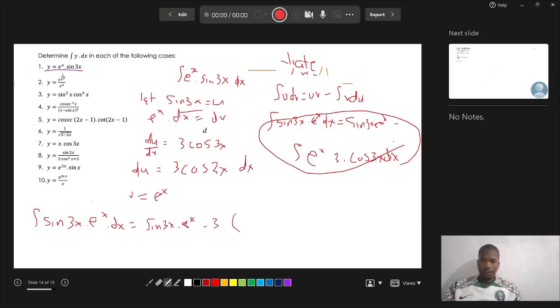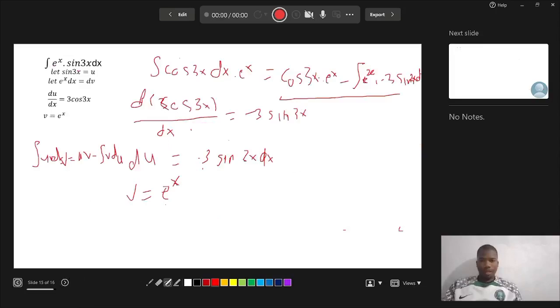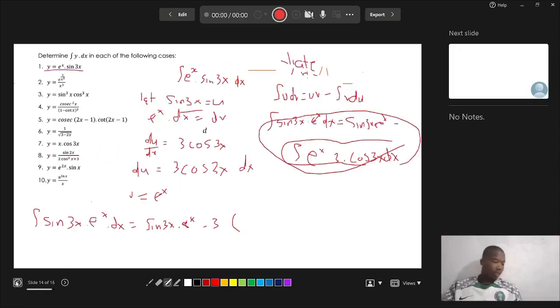So from here, for the integral of e to the power x multiplied by cos 3x dx, we substitute what we got here, which was cos 3x minus e to the power x minus the integral of e to the power x minus 3 sine 3x dx, right? Then we substitute that there.